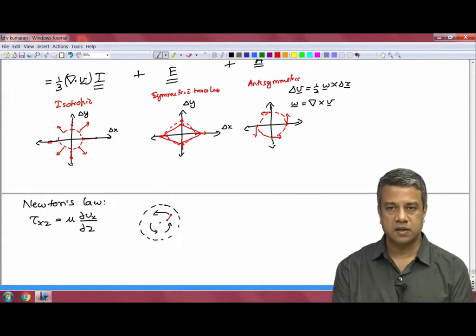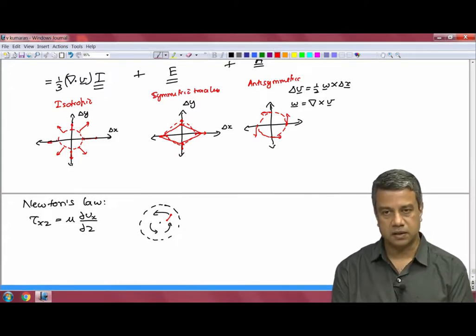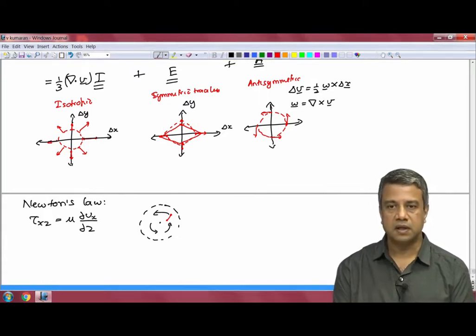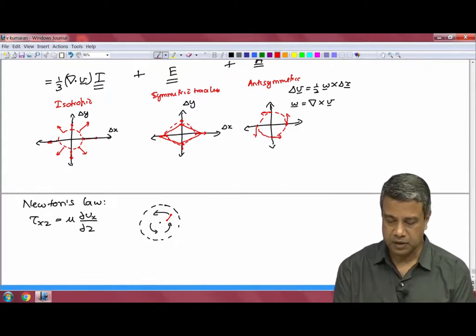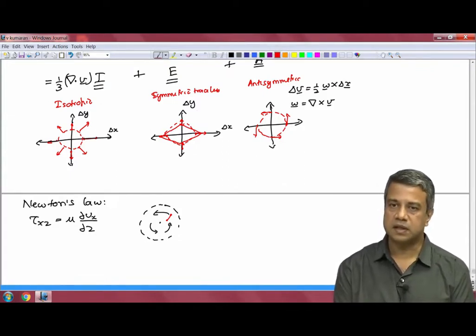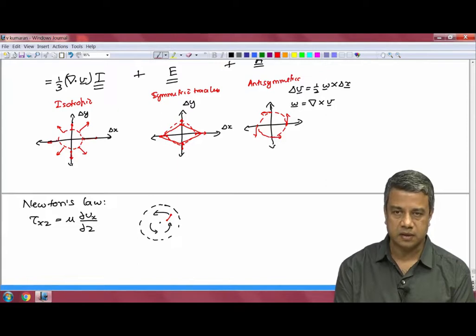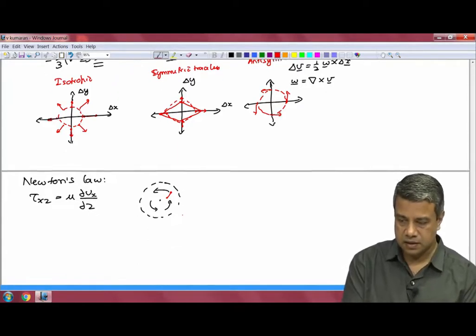So there is no deformation within the material, and therefore there cannot be a stress generated, because a stress will be generated only if there is deformation. If there is no deformation, then there can be no stress generated. So the stress cannot depend upon the antisymmetric part of the rate of deformation tensor.